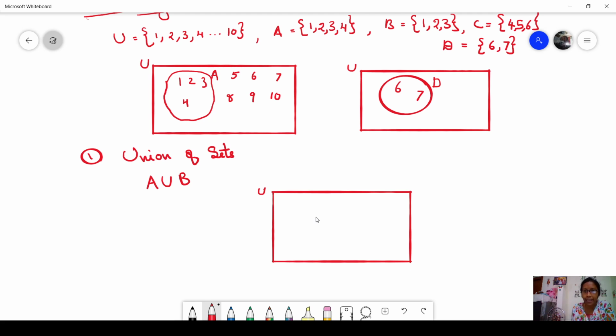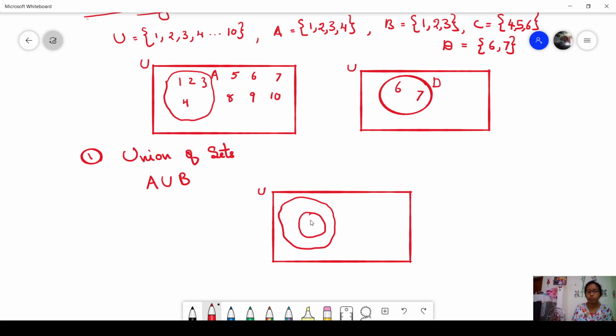And I can see that B is a proper subset of A. So A can be drawn like this, and B can be drawn as a subset of A.